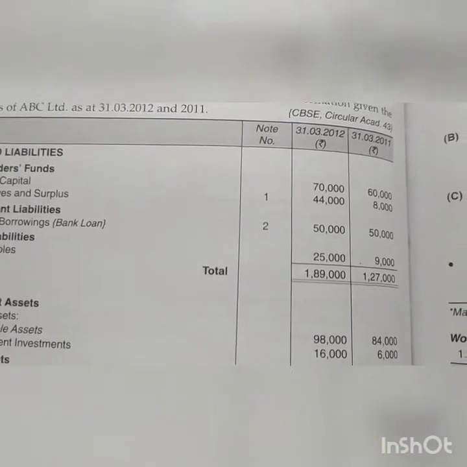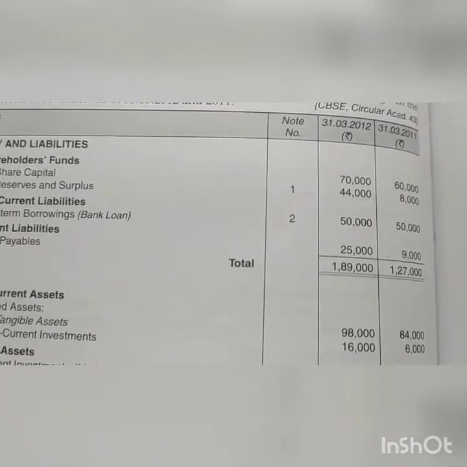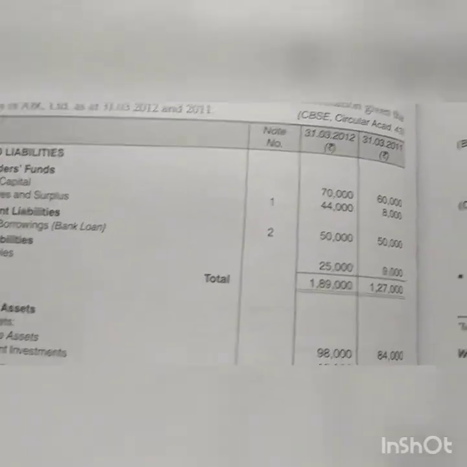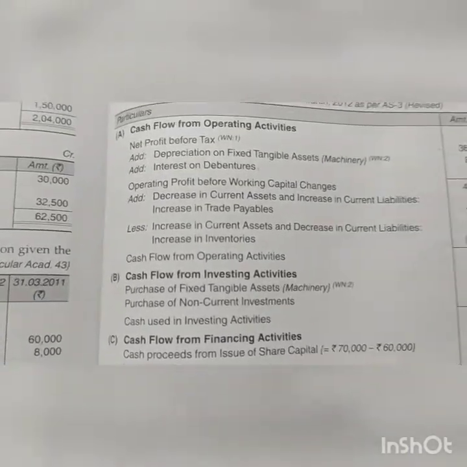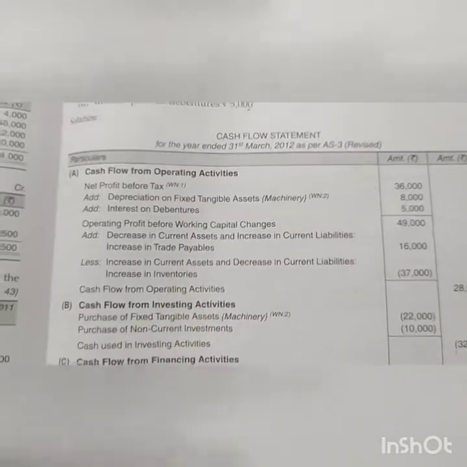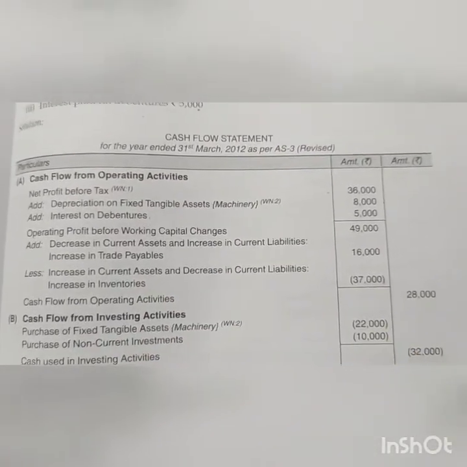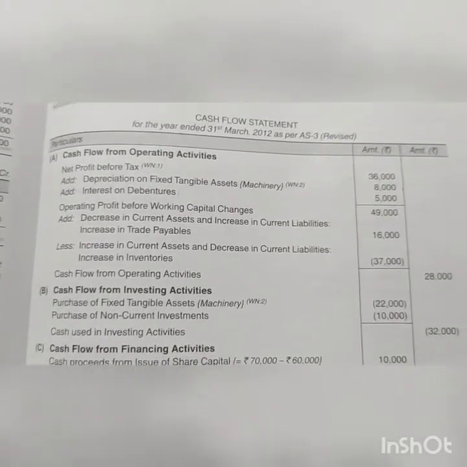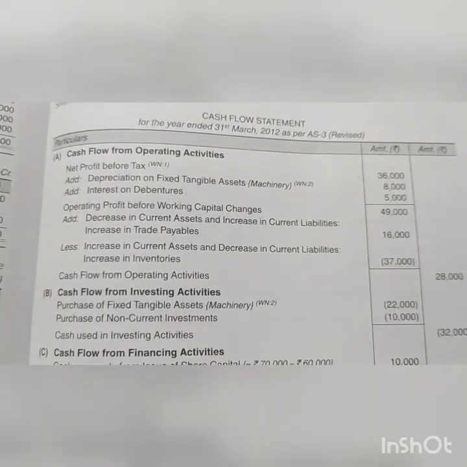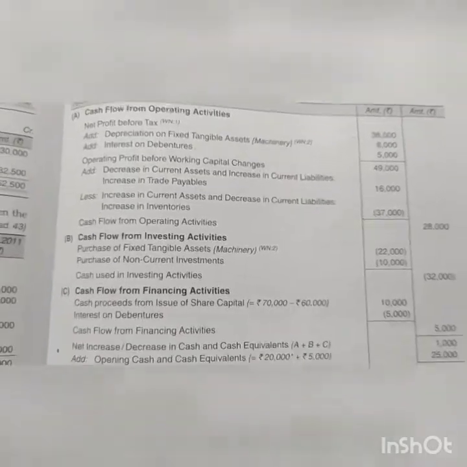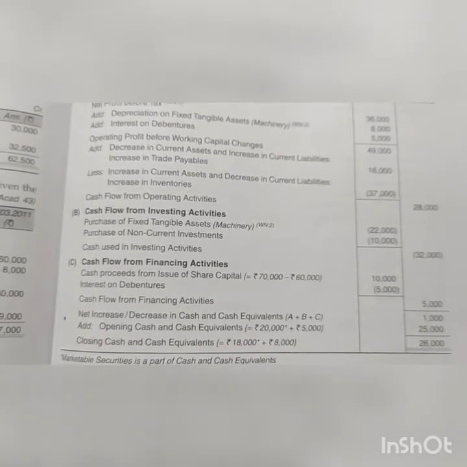That means we have purchased more. We have invested in that, so it will be considered as outflow. Here purchase of non-current investment 10,000, minus becomes plus, so you will write cash used in investing activity 32,000.